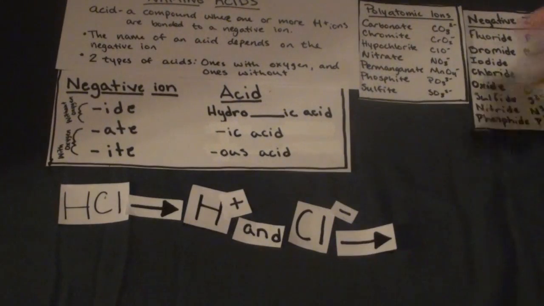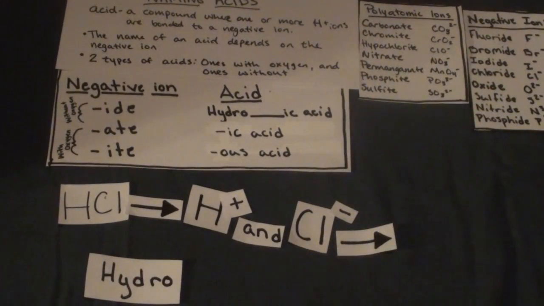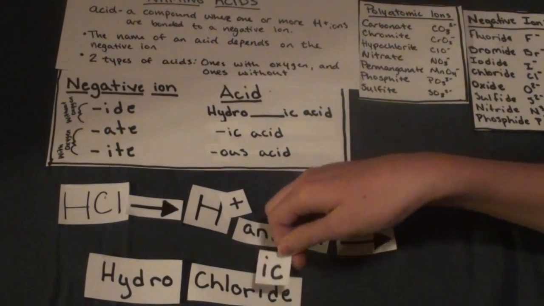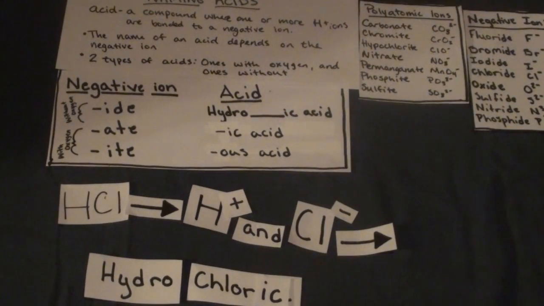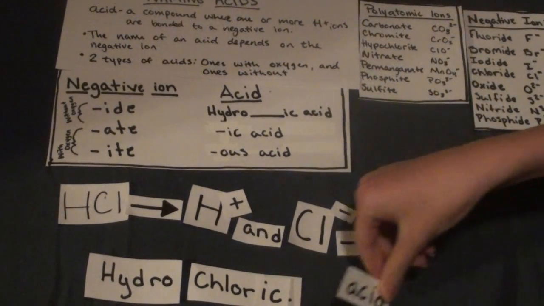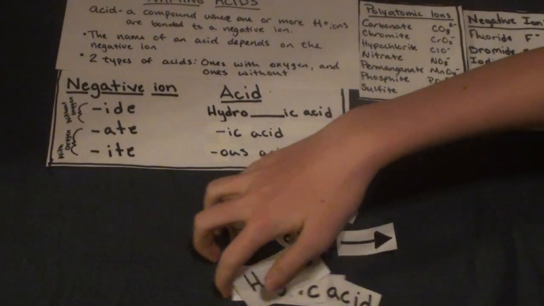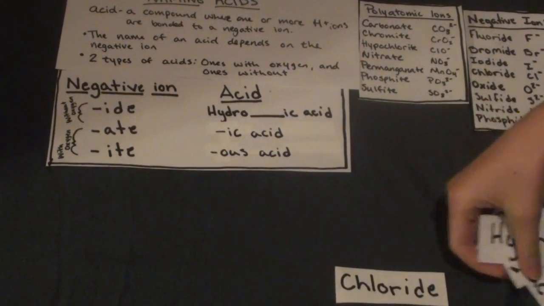H plus is hydrogen and Cl minus is chloride. As the rule says, if the ending of the negative ion is IDE, then it turns into IC. So here, instead of hydrochloride, we have hydrochloric acid. There you have it. Let's look at another example.